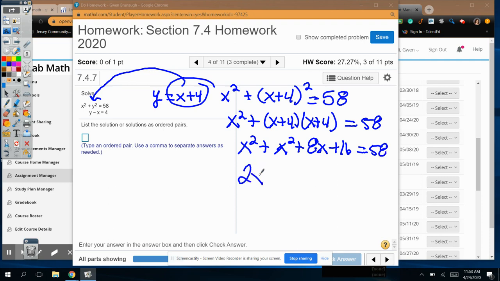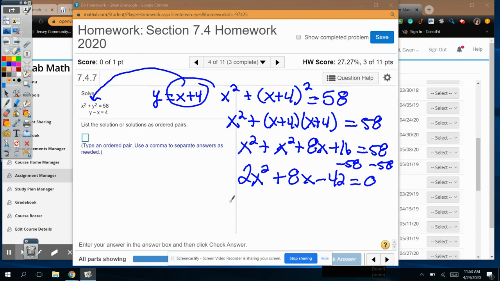And I have 2x squared plus 8x. I'm going to get 0 on one side by subtracting 58. And I get 16 minus 58, negative 42, equals 0.